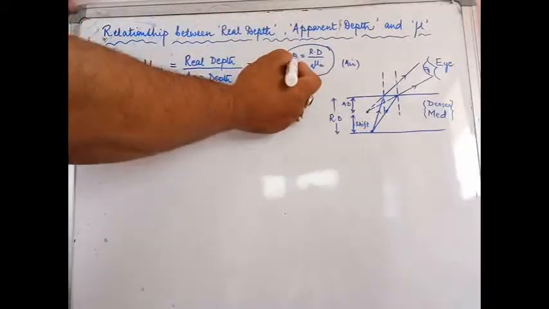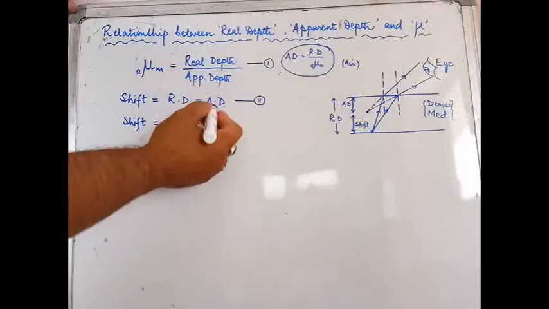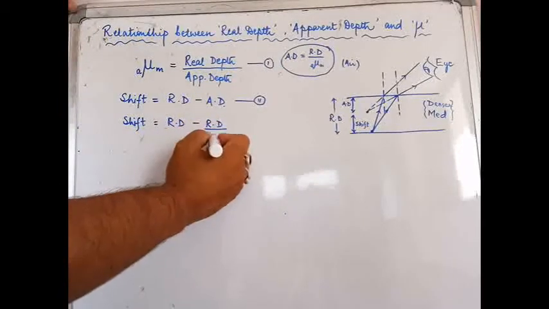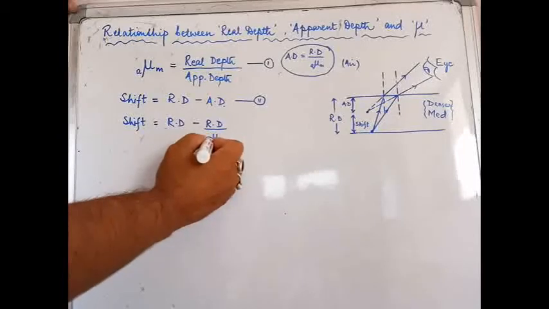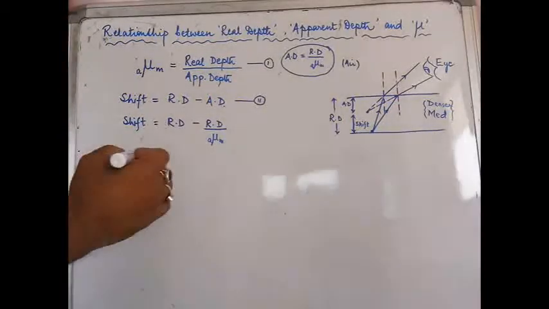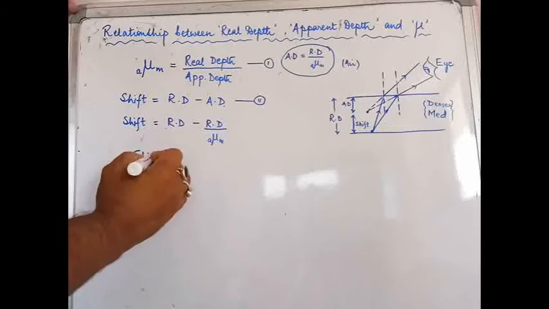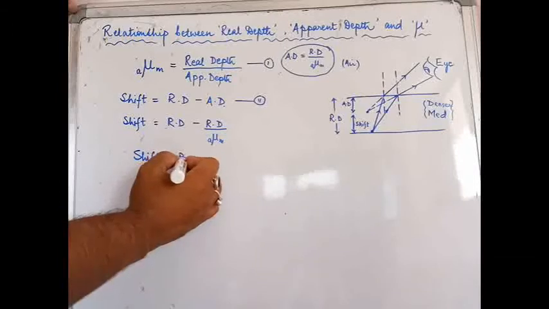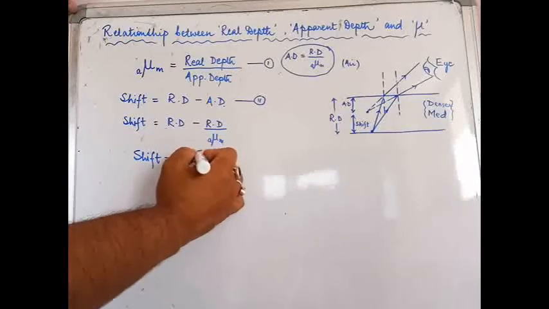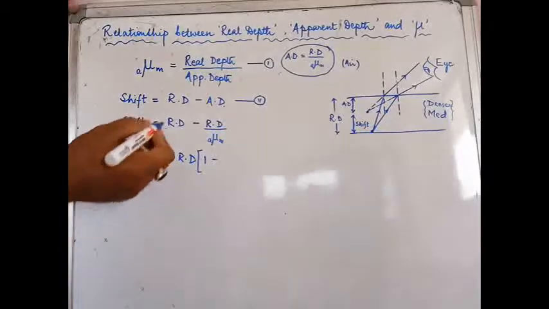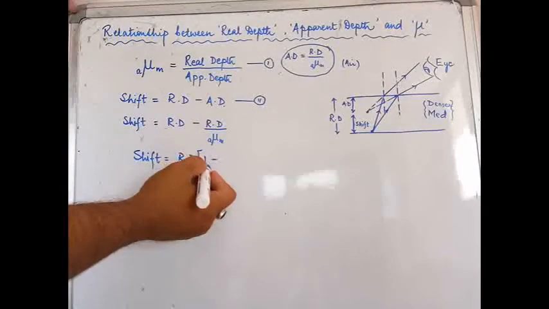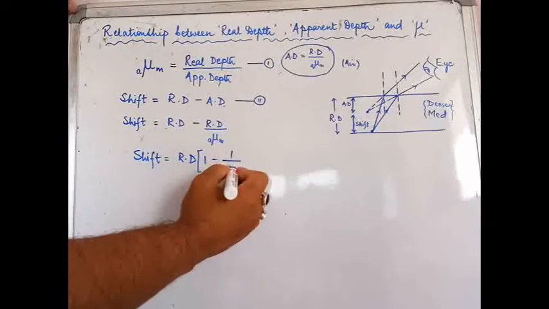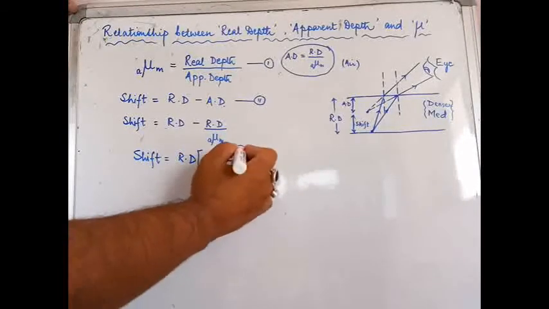So this apparent depth now I can replace over here, so this is going to become RD upon refractive index of the medium with respect to air. So now finally you get shift is equal to, now you see RD and RD, the real depth, can be taken common, so this will become 1 minus, now obviously RD has been taken common, so you will have 1 left here, minus 1 upon refractive index of medium with respect to air.